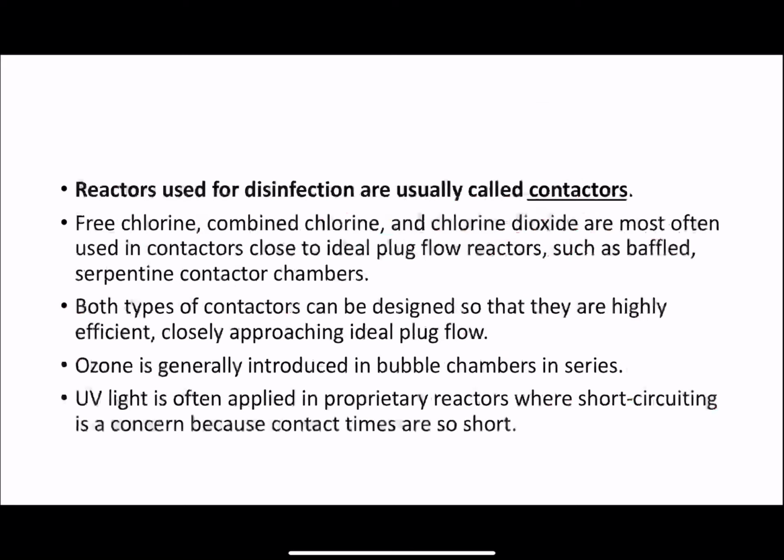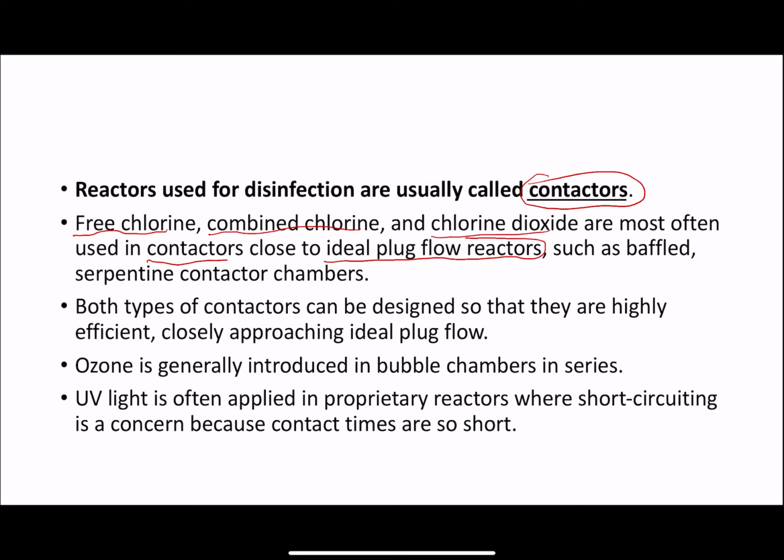And we add disinfectant in a reactor that's called a contactor. We want to contact the microorganisms with the disinfectant agent. So, free chlorine, combined chlorine, and chlorine dioxide are most often used in contactors close to ideal plug flow reactors.